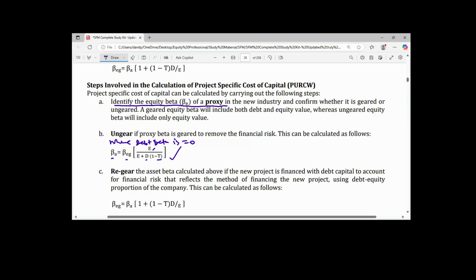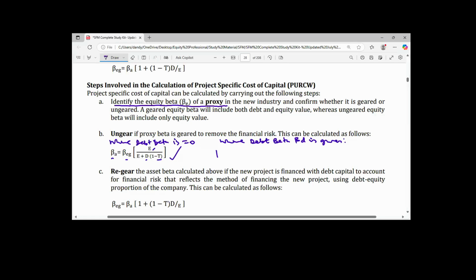However, if in the question you are told that debt beta is given, then in that case, you need to use the extended formula.